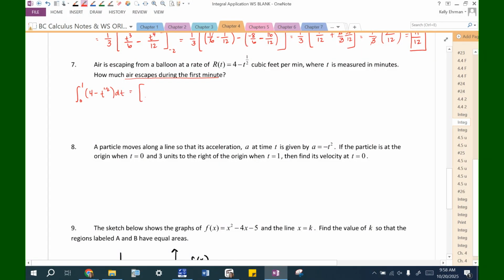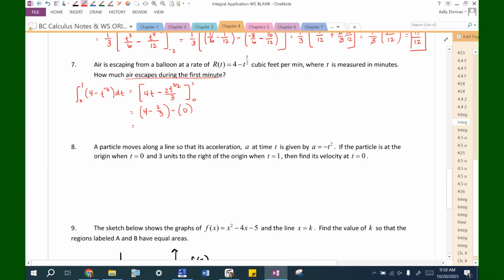So let's get that antiderivative. That would be 4t minus t to the 3/2, because you're adding 1. And then instead of divided by 3/2, let's have multiplied by 2/3 from 0 to 1. Put the 1 in first. So 4 minus 2/3 minus 0. Plugged into both of those.